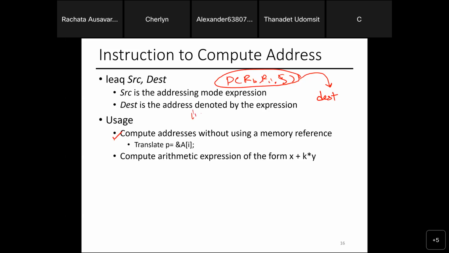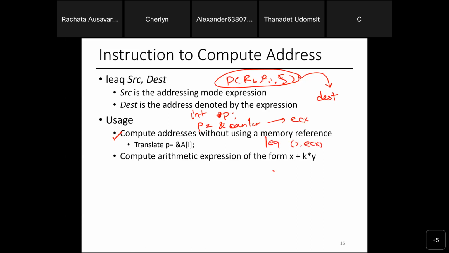I can do something like this. Let's say I do int *P, and then P equals the address of some variable like counter. Let's say counter is in ECX. What would happen is you can do LEA on ECX.